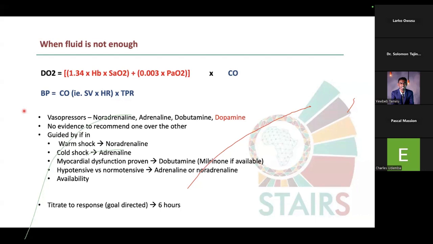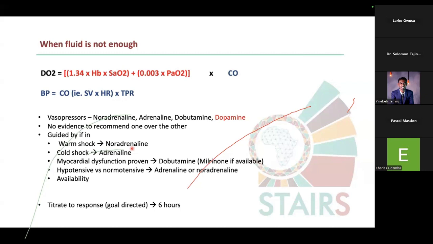Now, dobutamine is more of an inotrope and an inodilator. For patients who have clear evidence of myocardial dysfunction, and they are also vasoconstricted, which means they are already in cold shock and maintaining their blood pressure, you can come in with dobutamine. If the patient has warm shock, your first choice, which is usually what we do in our setting, is noradrenaline.